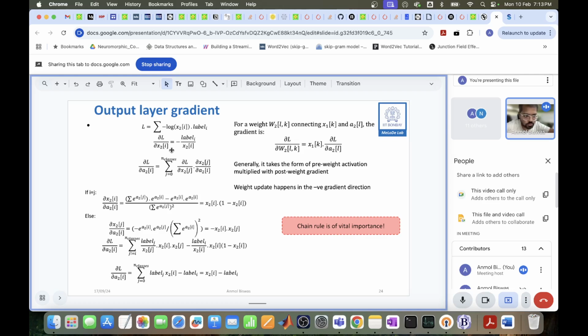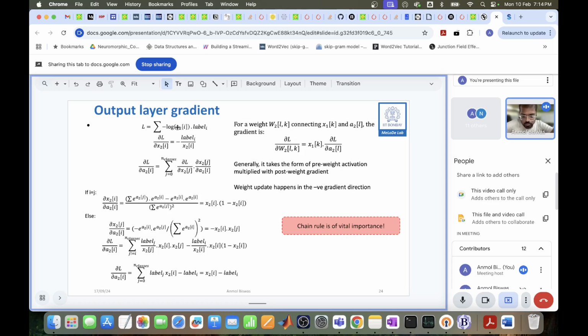which, x2 of course, is the post-activation values. So you compute the gradient of L, and these are all partial derivatives, with respect to x2 of i. You get minus label i divided by x2 i, which is fairly straightforward.